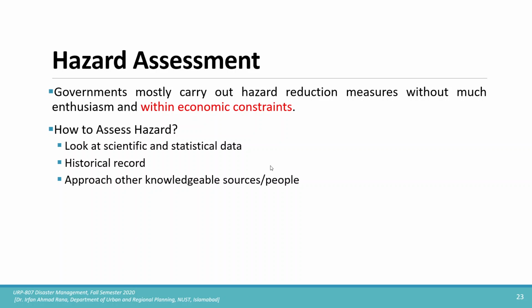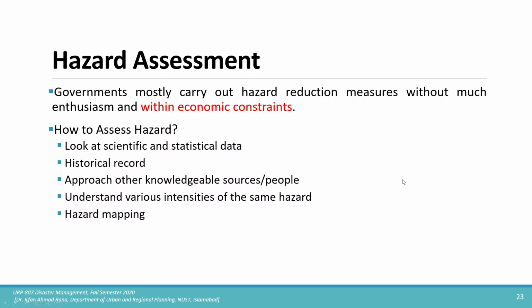Then we might approach indigenous people over there, who might help us understand the various intensities of the same hazard, and that would eventually lead us to the final product of hazard assessment in terms of mapping.